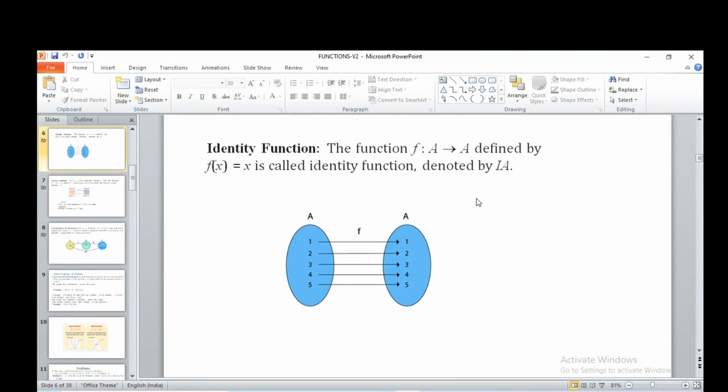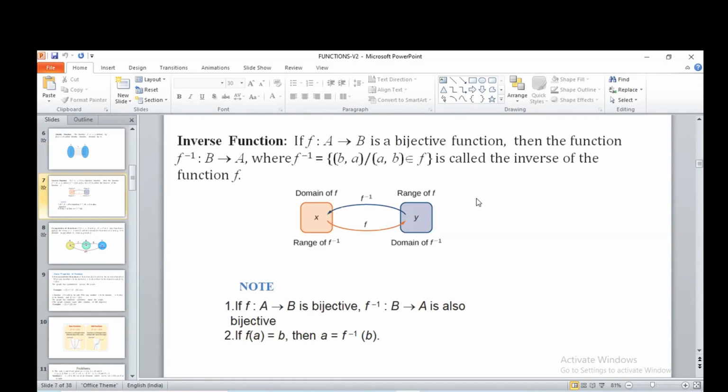Next, inverse function. If f from A to B is a bijective function, then the function f inverse from B to A exists.